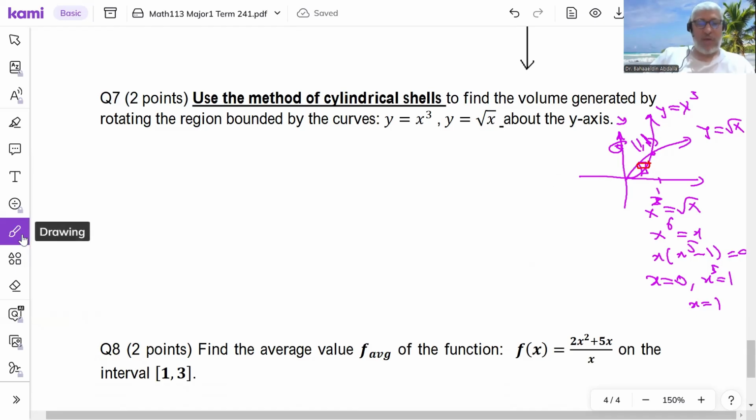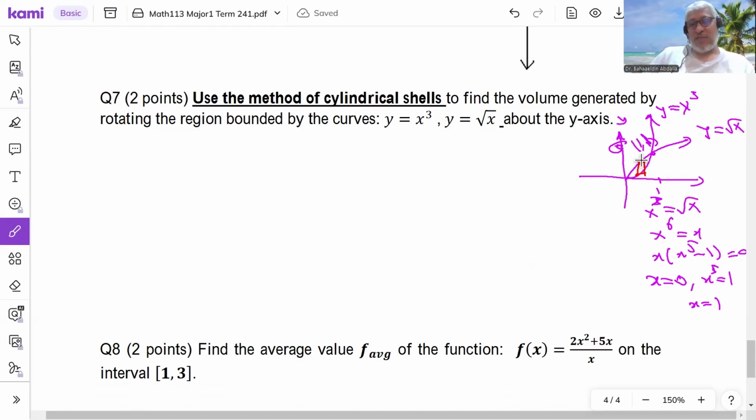So also here, both methods work. But he said use cylindrical shells. So to use cylindrical shells, the rectangle has to be parallel to the y-axis, the axis of rotation. So I must choose here a vertical rectangle.